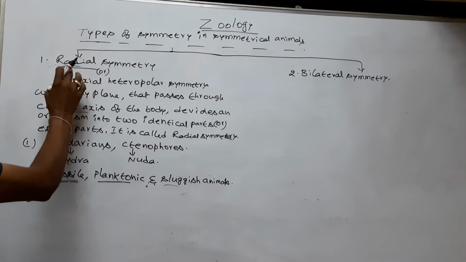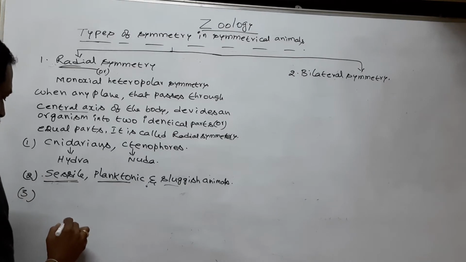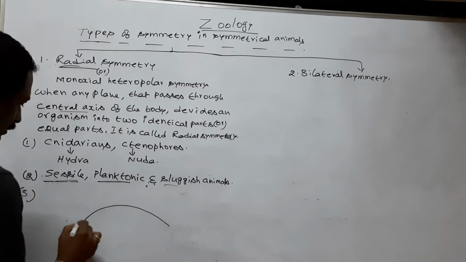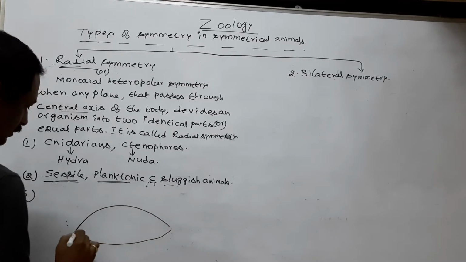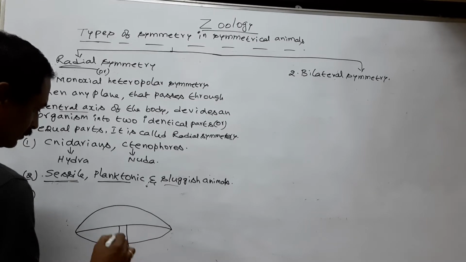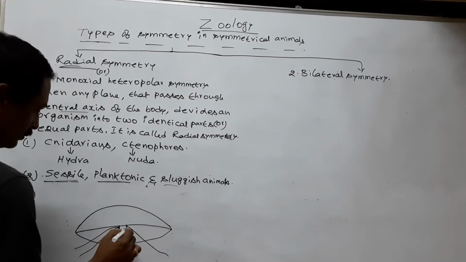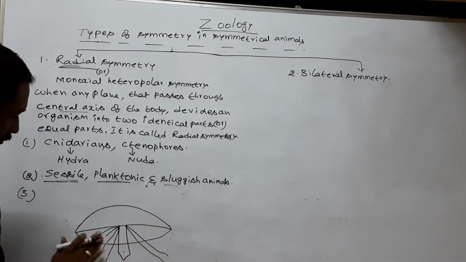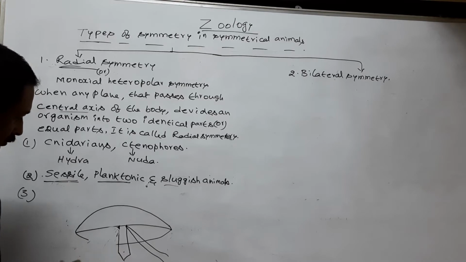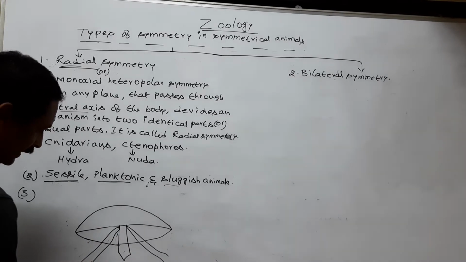These animals which exhibit radial symmetry possess two poles or two regions. For example, this is Aurelia.